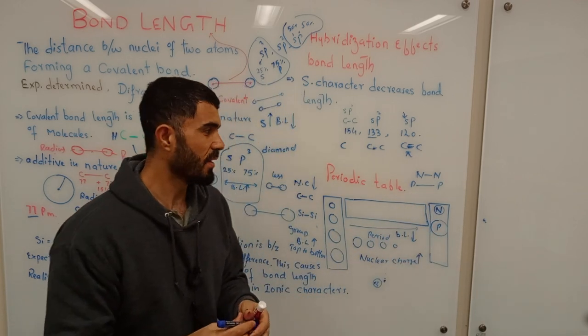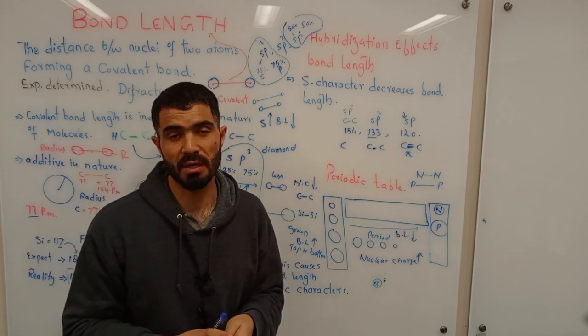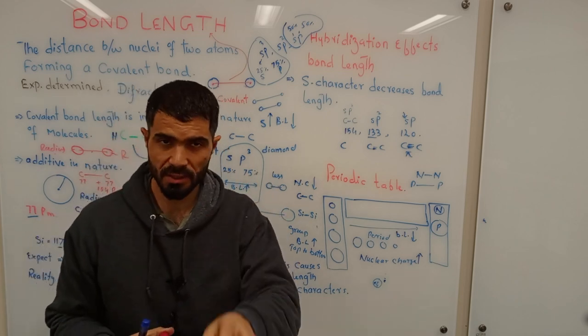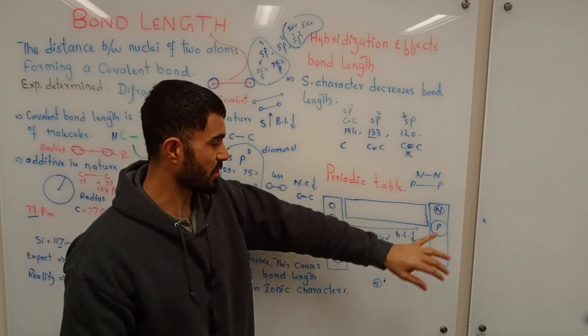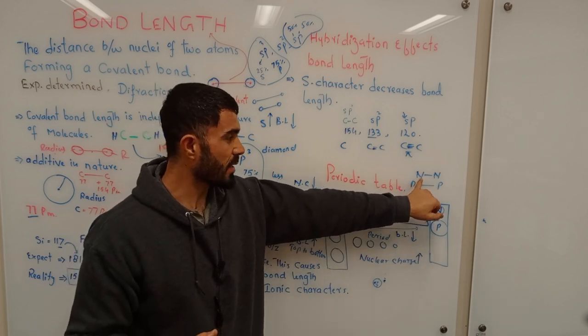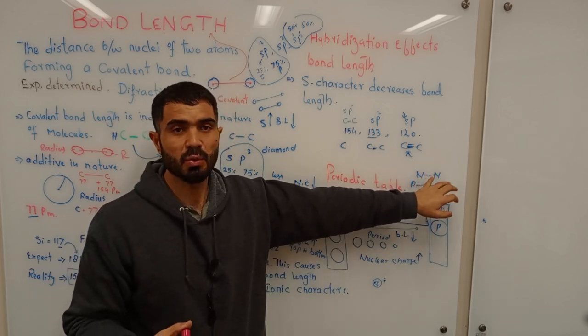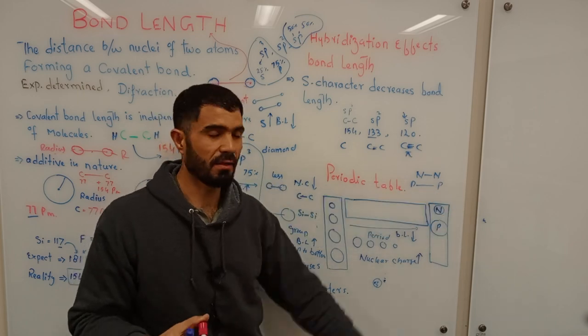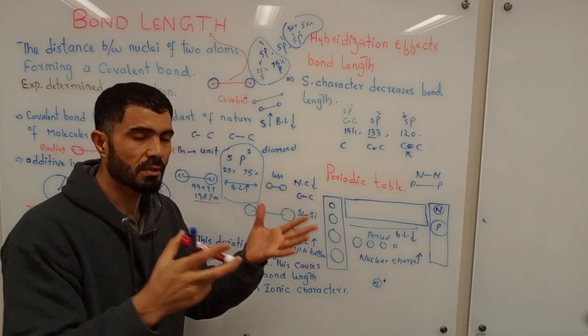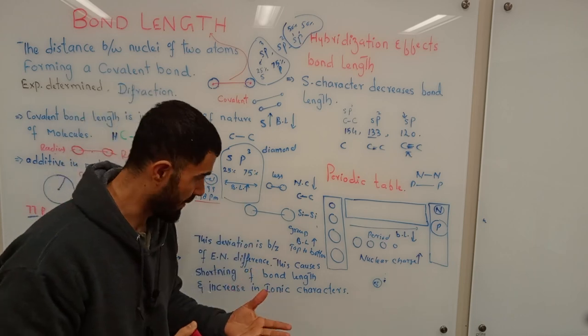This is why such questions can be answered very easily if you get a question in your examination paper, asking why the distance between two nitrogen atoms is less than the distance between two phosphorus atoms. So you will explain in this way.